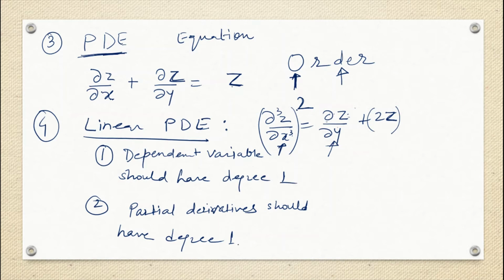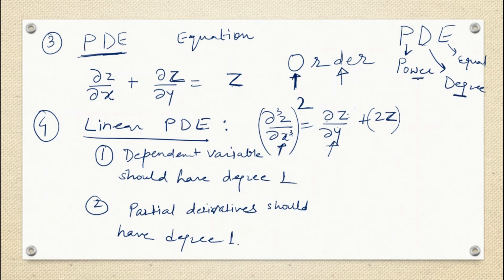So how will you memorize this? We know PDE is nothing but partial differential equation, but you can memorize PDE this way: P is for power, D is for degree, and E is for equal. That means power is equal to degree. That means to check the degree, you have to check the power.